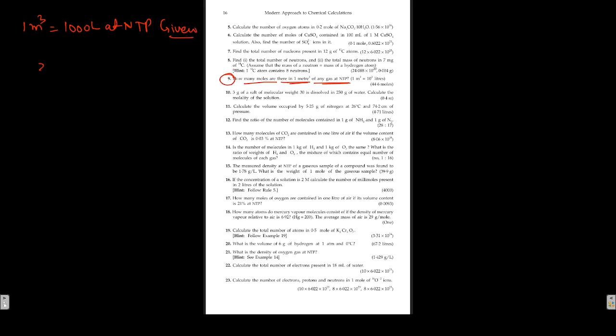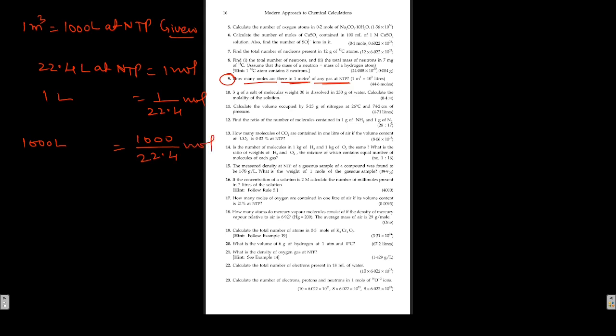We know that 22.4 liter at NTP is equal to 1 mole. So 1 liter is equal to 1 upon 22.4 mole. So we can say this particular value, 1000 liter, is equal to 1000 divided by 22.4 moles. This is very easy, there is no problem in this.